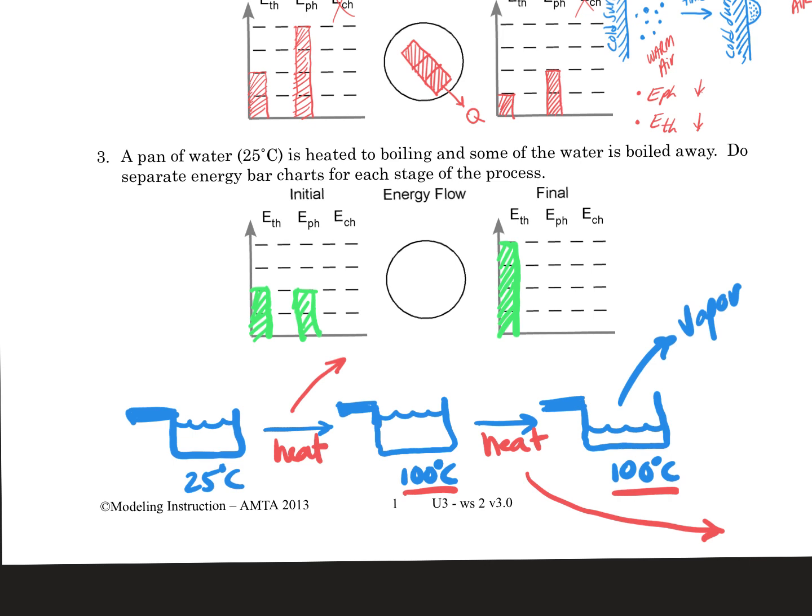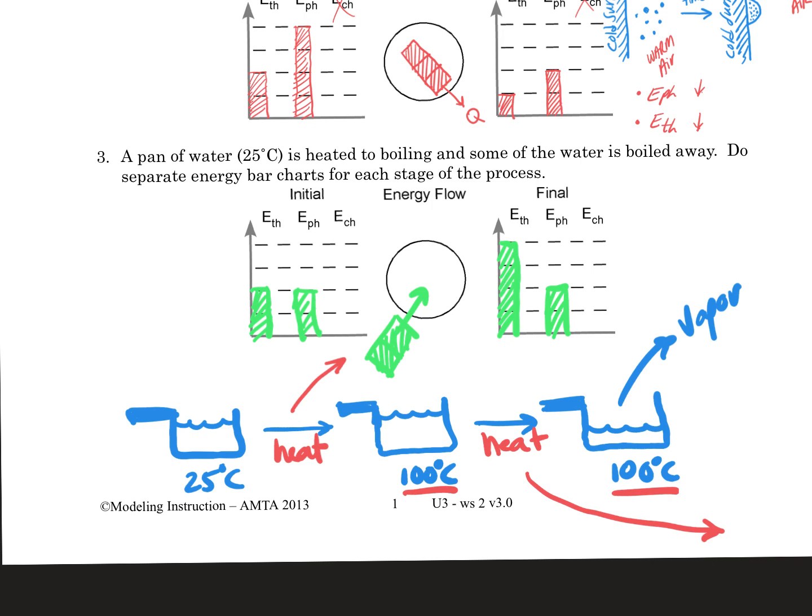That's a big increase in ETH, thermal energy. So far, we have not changed the phase. So phase change, there is no phase change yet. Okay, EPH is the same. Now we are adding energy, of course, right, to the system. And according to our diagram, we added 2 bars of energy. All right, well, that's the first part of this process.